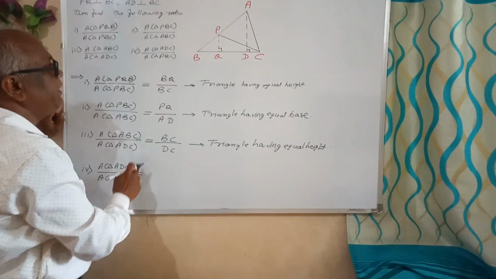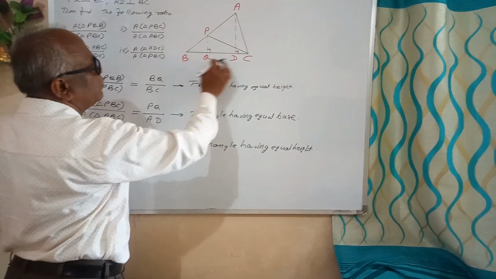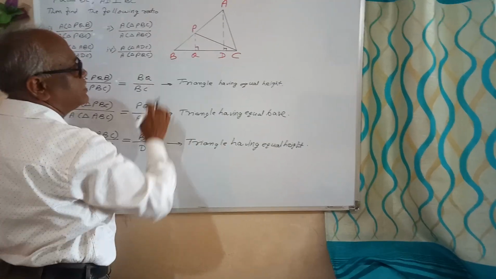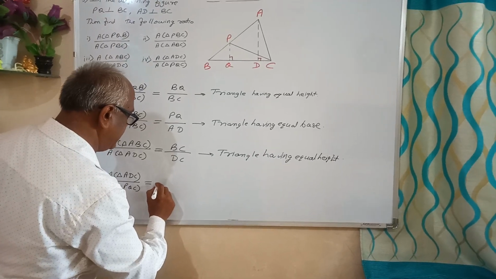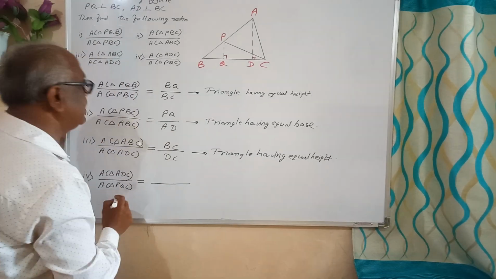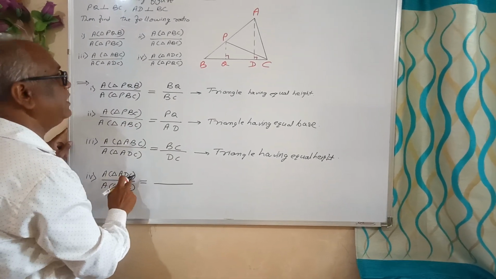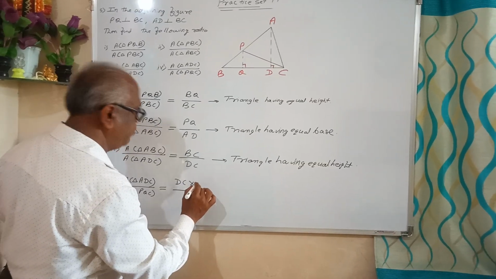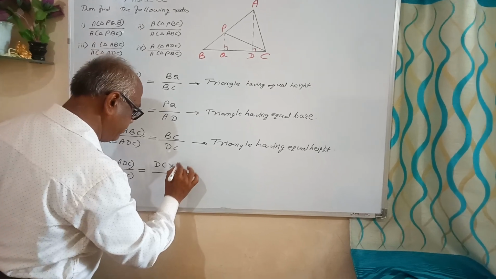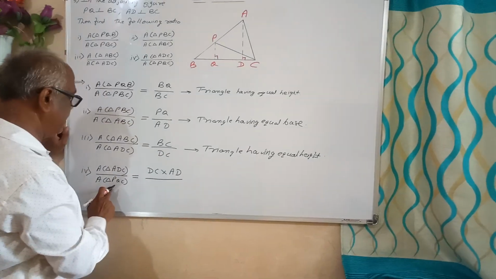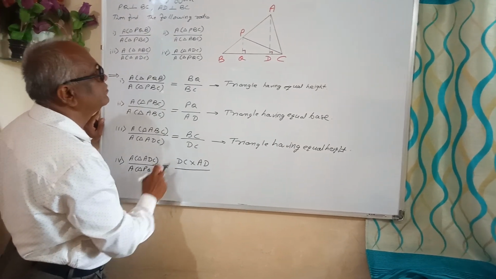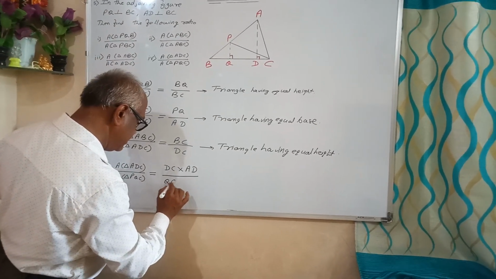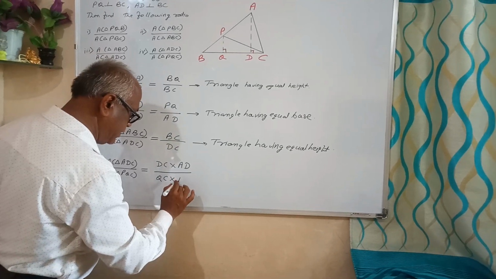For the triangle PQC, QC is the base and PQ is the height. Both the base and height are different. So we can write here for the triangle ADC, that is DC into AD, and for the triangle PQC we can write QC into PQ.